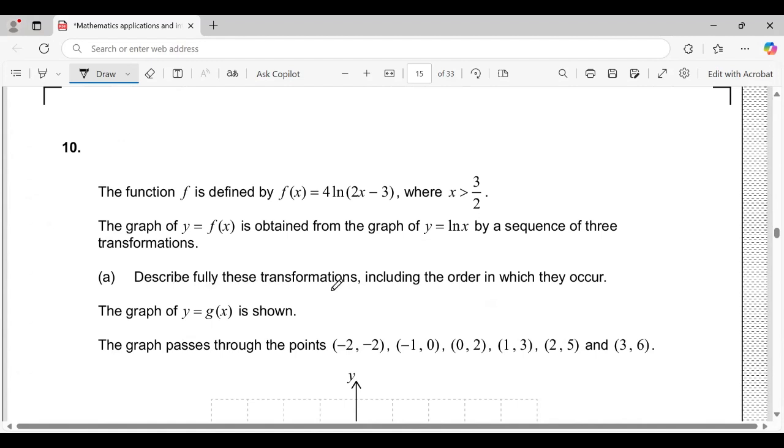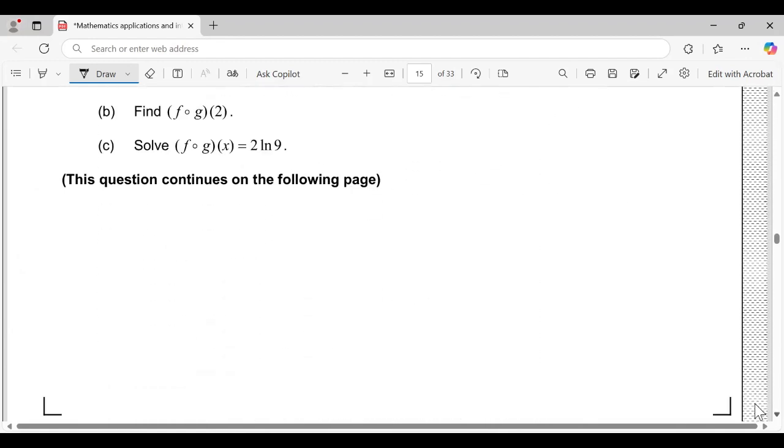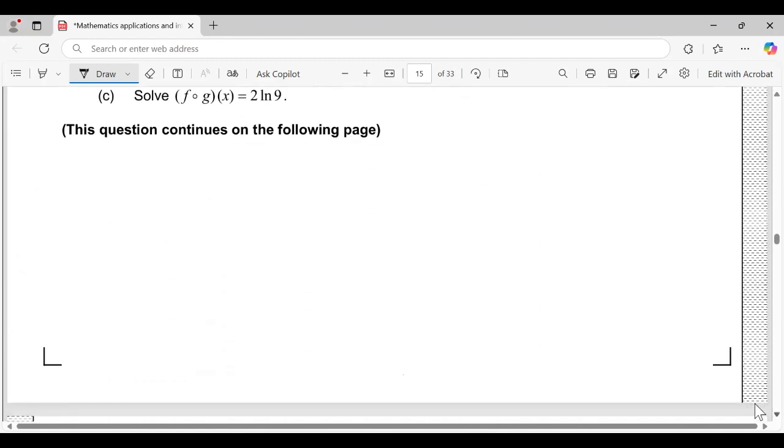Describe fully these transformations, including the order in which they occur. If you look at this function, the coefficient of 4 indicates a vertical stretch, and the scale factor is 4.